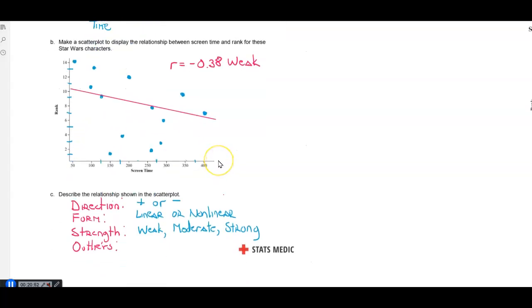And we knew that R was negative 0.38, and that tells you weak. So we've got a negative direction. It's kind of hard to tell, I'd say sort of linear. Definitely weak. And it's hard to say outliers because this is not a very strong relationship, but possibly these might be possible outliers.